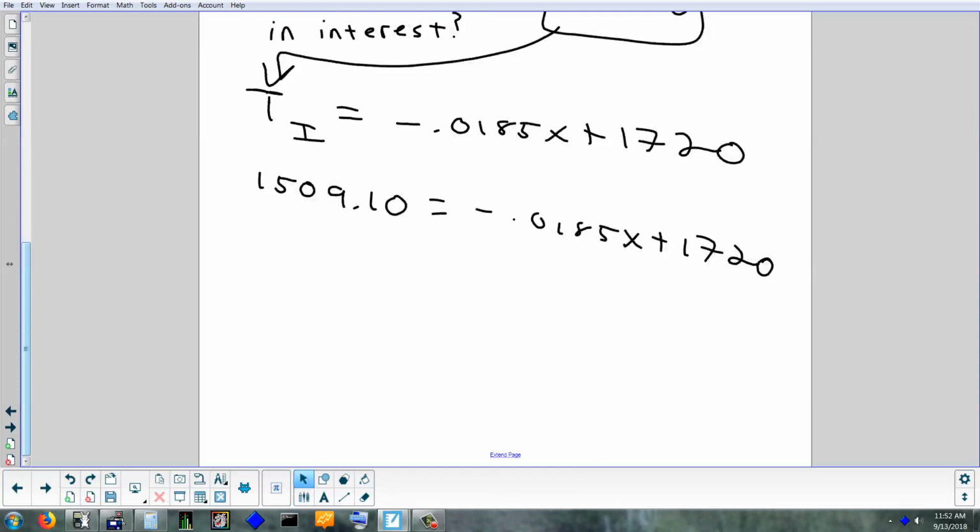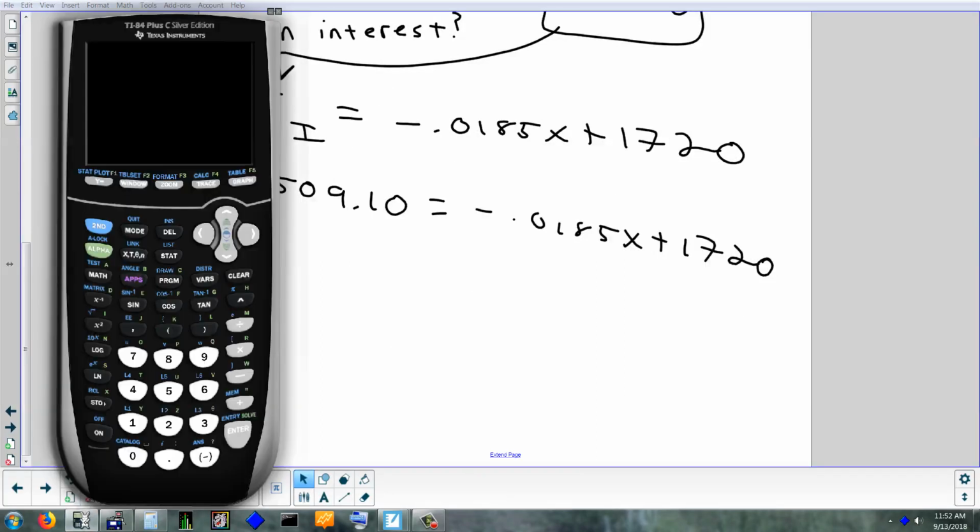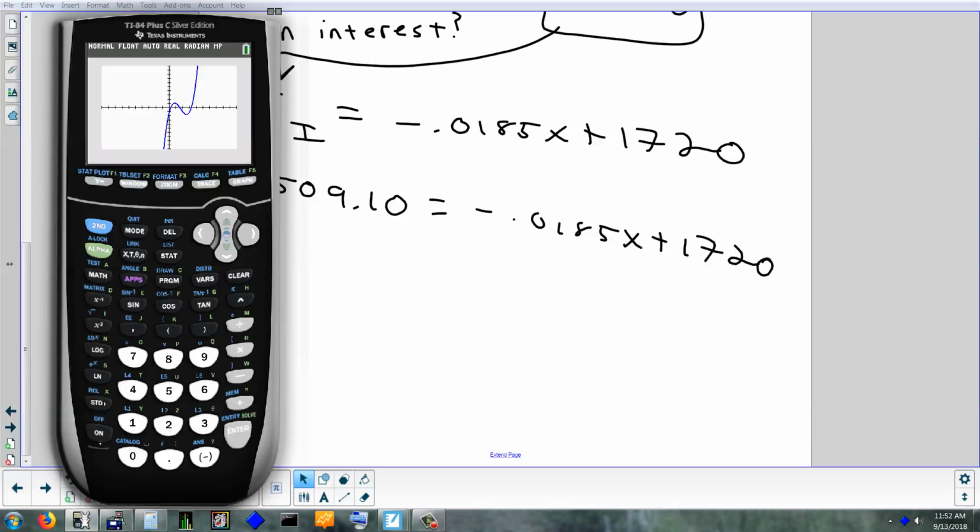Okay, so I'm going to do this one a little different. Let's graph what's on the left in y1. So we're going to put a horizontal line at 1,509.10. I'm going to graph what's on the right in y2: negative 0.0185x plus 1720.